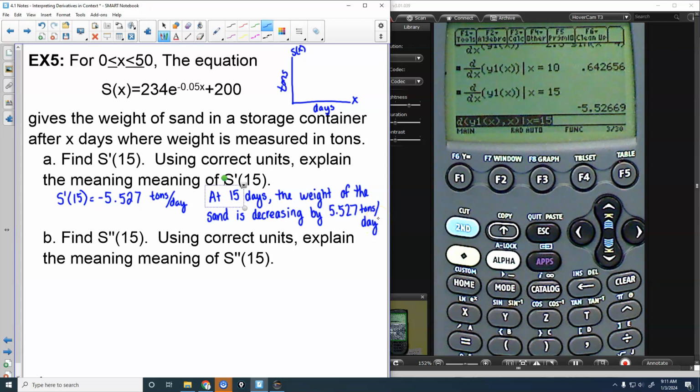Now, notice I did not put a negative with that. Why did I not put a negative? Because I put decreasing, and decreasing covers the negative.